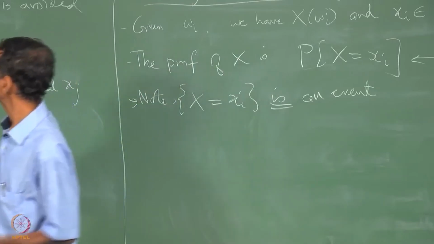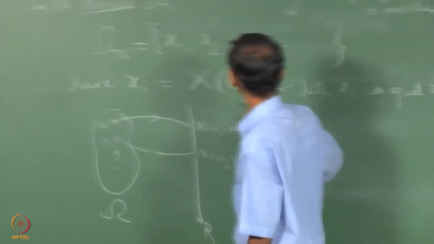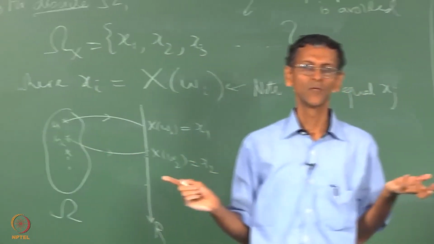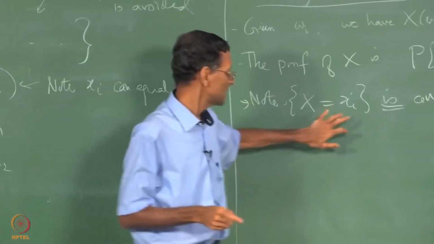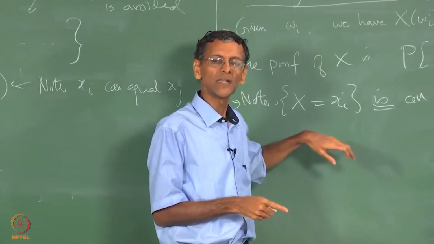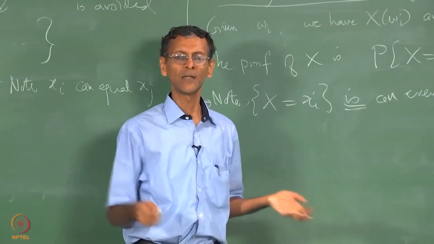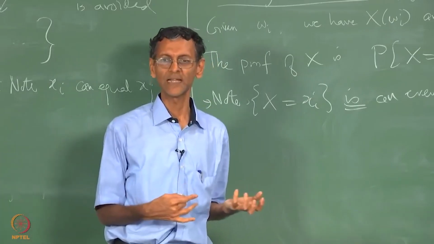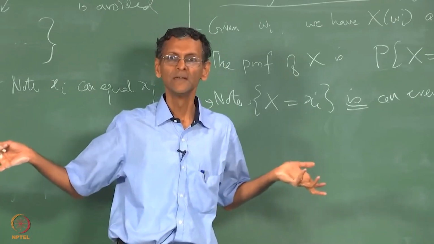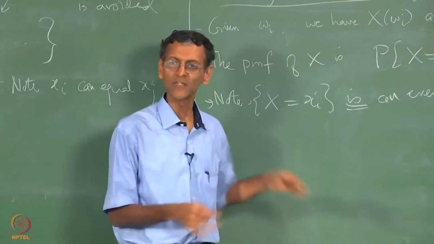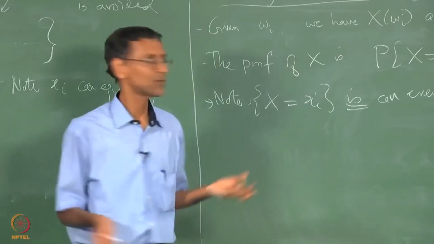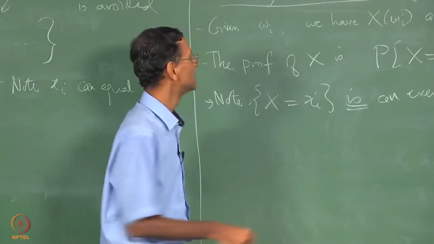I can have at the maximum some numbers here mapping to the number small xi. So what does this mean? This x equal to xi means I got either omega 1 or omega 10, assuming that omega 10 also mapped to that xi, or omega whatever. If I have 2 or 3 points mapping or more than that, any one of those points will give me this event. So what is the probability of this?